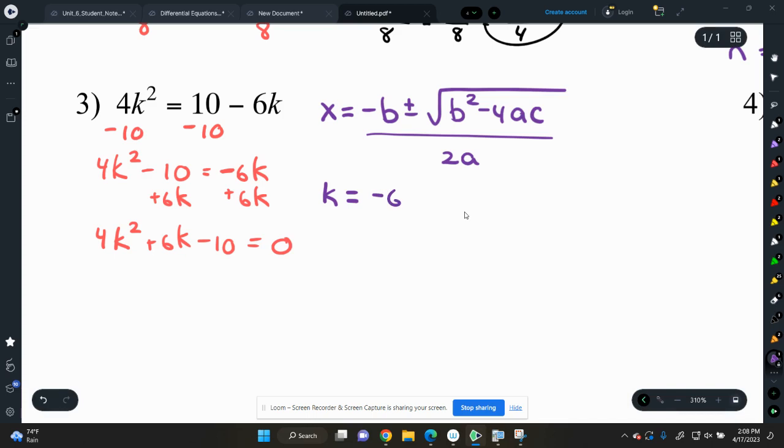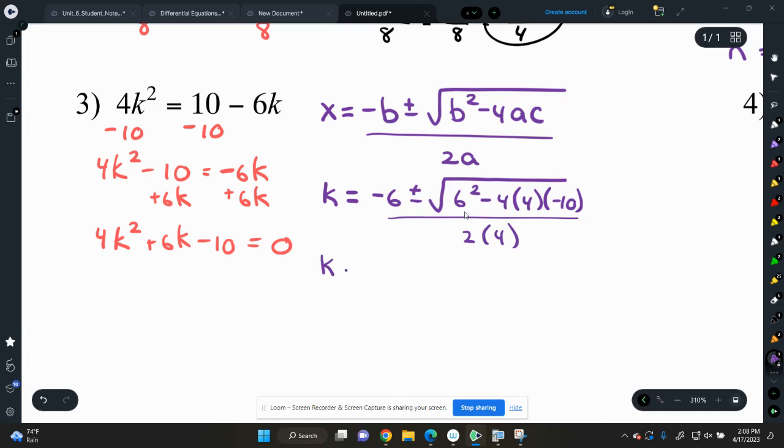So it's negative 6 plus or minus the square root of 6 squared minus 4 times 4 times negative 10, all over 2 times 4. So k equals negative 6 plus or minus the square root of 36.